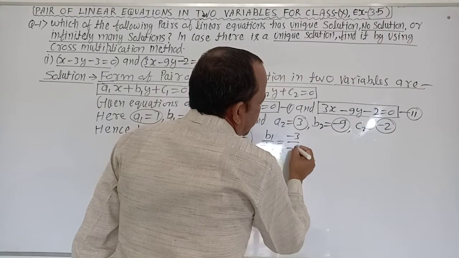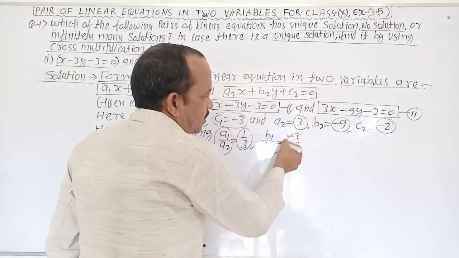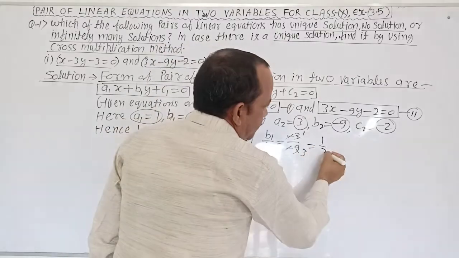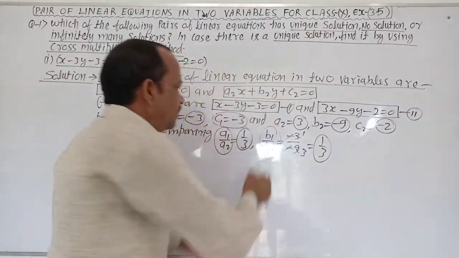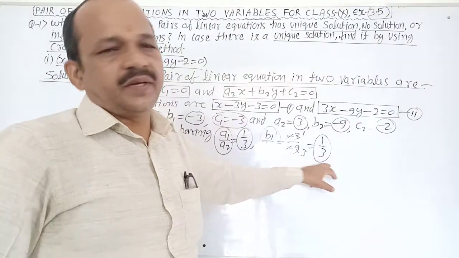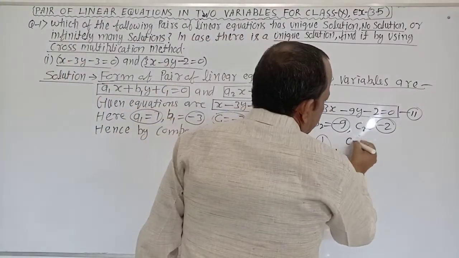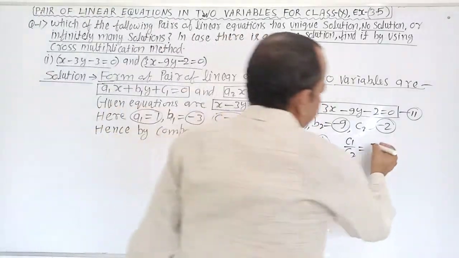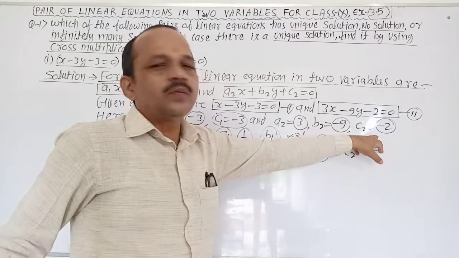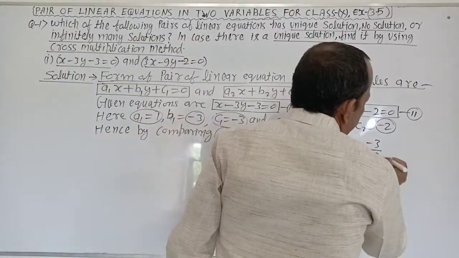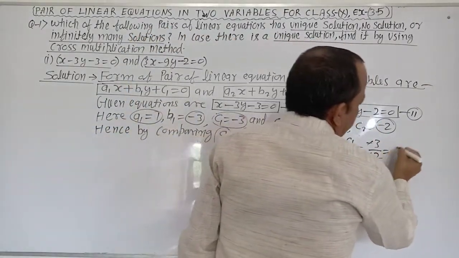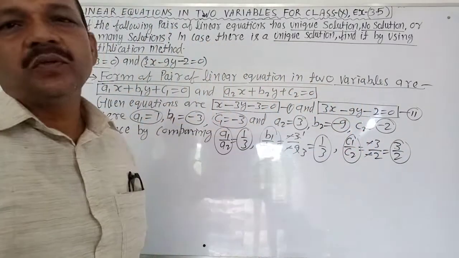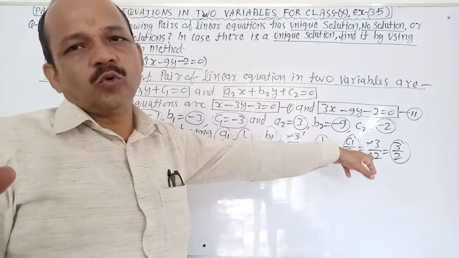You can cancel minus and minus. 3 ones are 3, 3 threes are 9. It becomes 1 by 3. So b1 by b2 equal to 1 by 3. c1 by c2: c1 is minus 3, c2 is minus 2. You can cancel minus and minus. It becomes c1 by c2 equal to 3 by 2. It is clear?